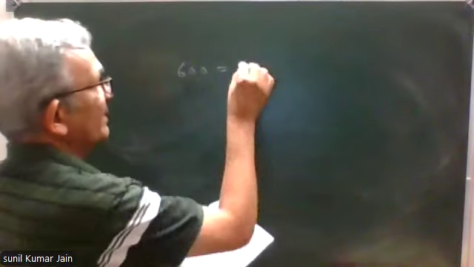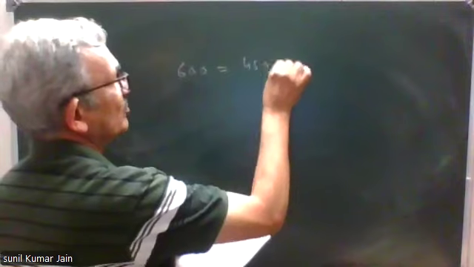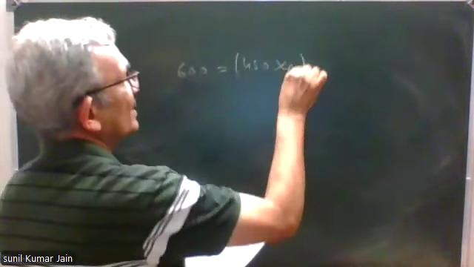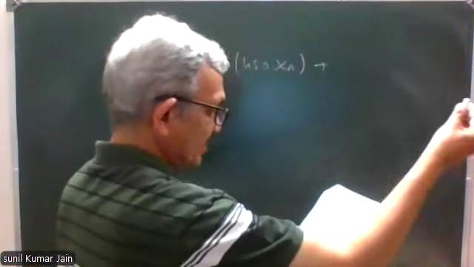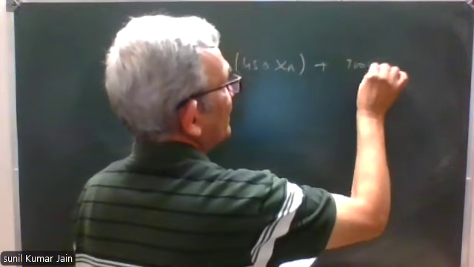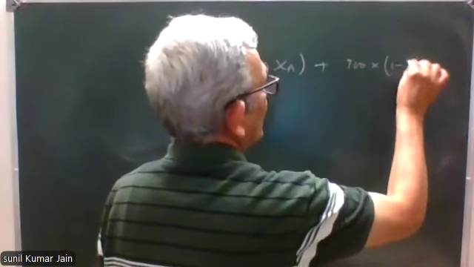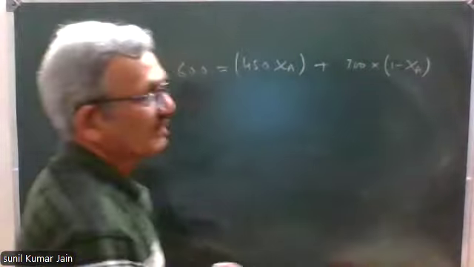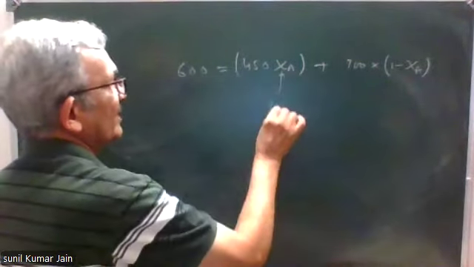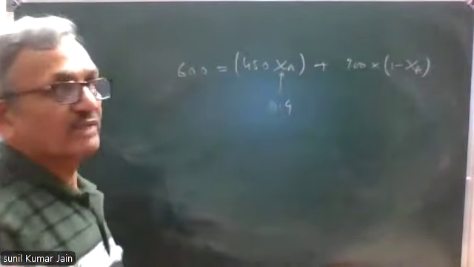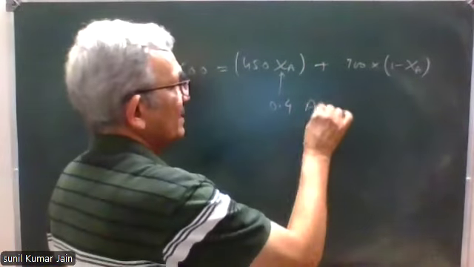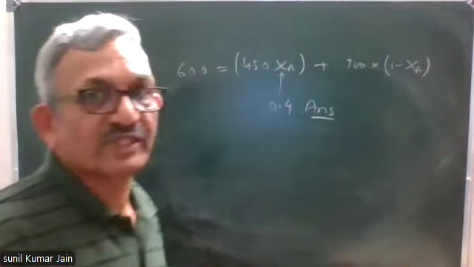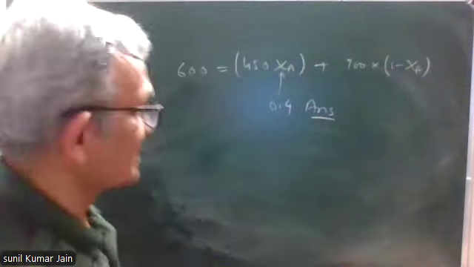We are given vapor pressure of solution. It means vapor pressure of solution is equal to P naught A 450 into mole fraction of A plus P naught of B, that is 700, into mole fraction of B, which will be 1 minus chi A. When you calculate, this will come out to 0.4. This is one answer. Mole fraction of A in the liquid state, this is one answer.